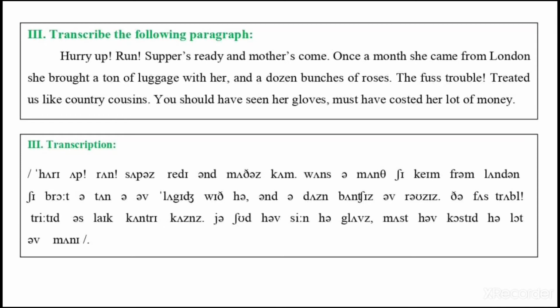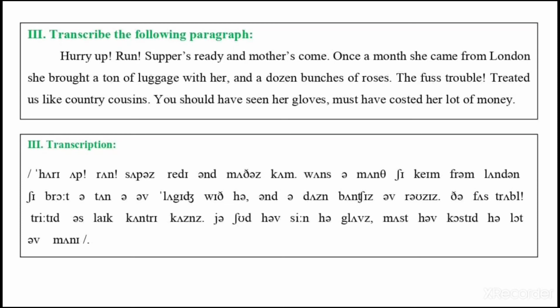So we open a slash as usual and then we start. So the first word is hurry up. Hurry up. So the up is with the V upside down. Hurry, short E, and up again with the V upside down. Run, run with the V upside down.